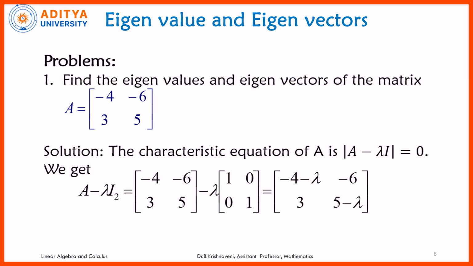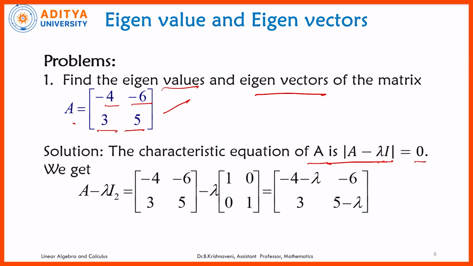So, let us discuss this by taking an example. The question is: find the eigenvalues and eigenvectors of the matrix A equal to [-4, -6; 3, 5]. The very first step is to consider the characteristic equation of A, given by det of A minus lambda I equal to 0.